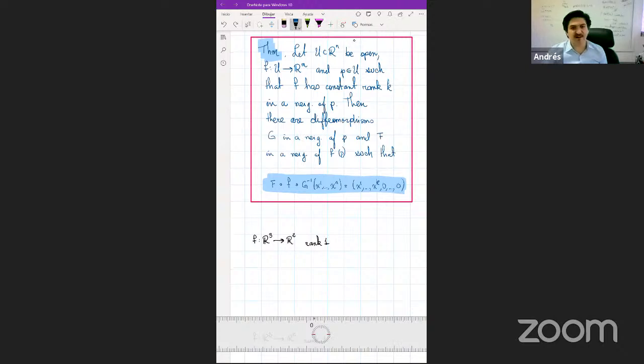So imagine that you have a function between R3 and R2 of constant rank 1. Remember that this means that the differential at any point is a linear map of rank 1.